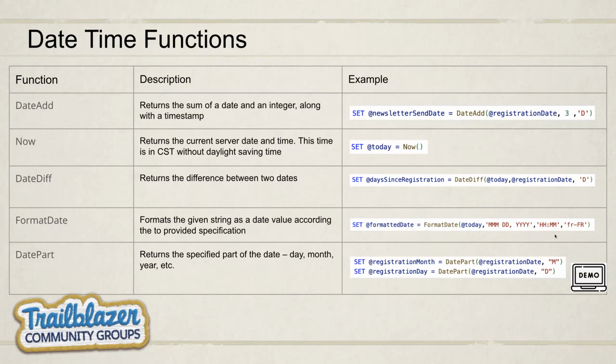The third is going to be your time formatting. And then the last one is going to be something called a culture code, because sometimes depending on the region, the date looks different, or if there is a name of the month in there, then obviously the language is going to differ. So these things are handled by Marketing Cloud internally, so you wouldn't have to worry about those if you use this function.